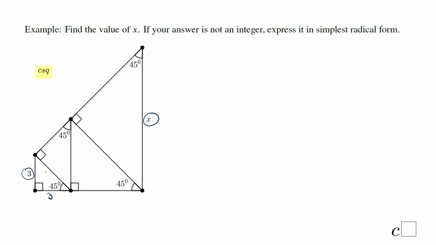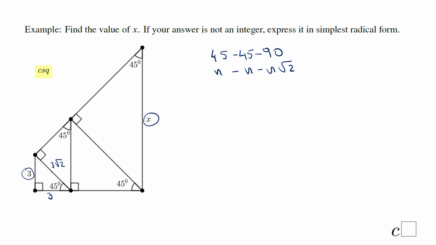Because this is a 45, 45, 90, and this is going to be 3 square root of 2. Okay, so again, remember, 45, 45, 90, we have n square root of 2.